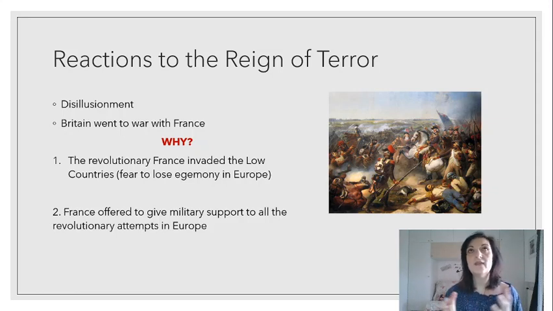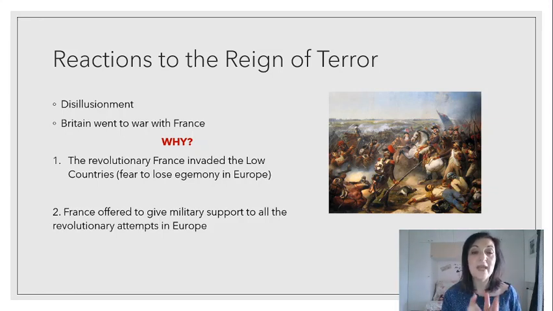The first was that France, the Jacobin France of terror, had offered to give money and military support to all the revolutionary attempts in Europe. So Britain was afraid. France had offered its help, military support, to all the people in Europe who wanted to make a revolution against the king, the monarchy. It was a threat, wasn't it? Era una minaccia, non è vero?